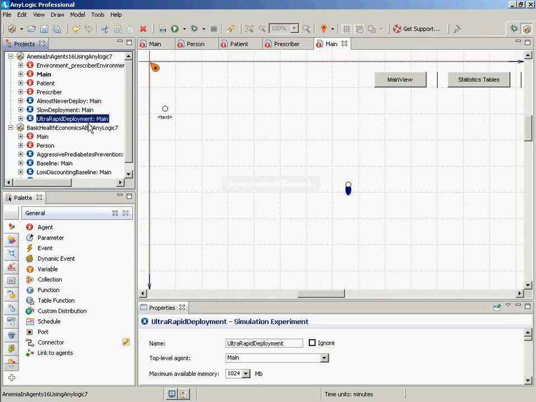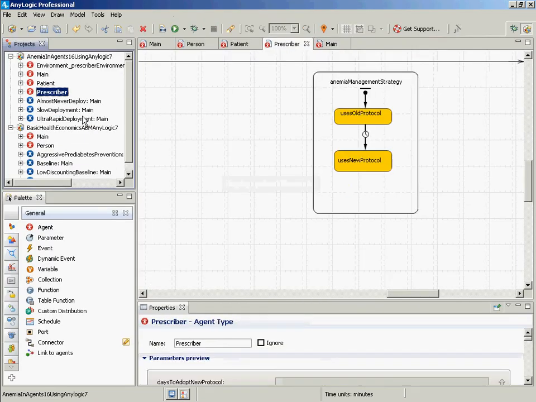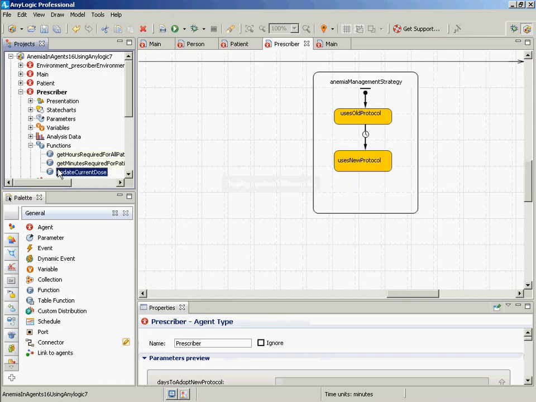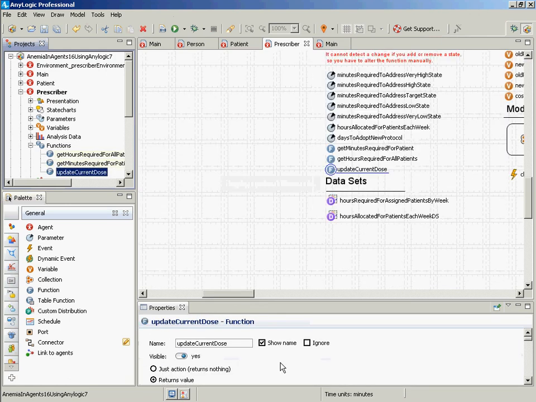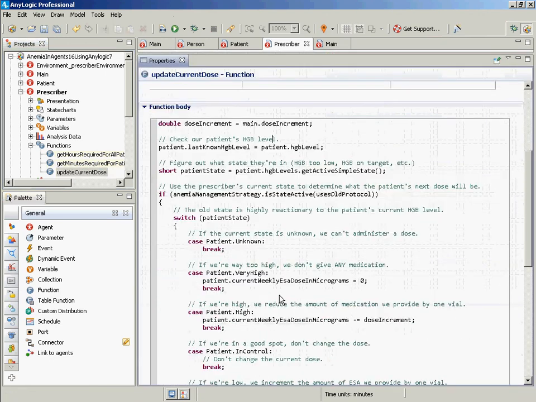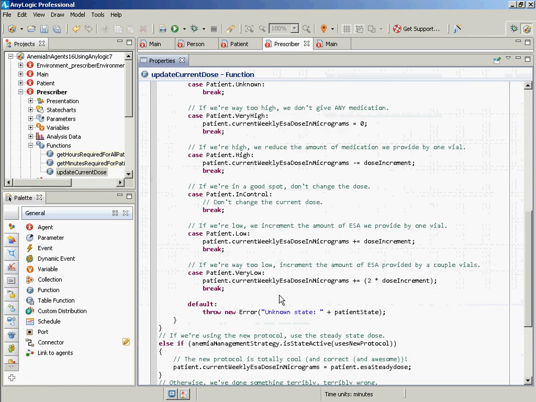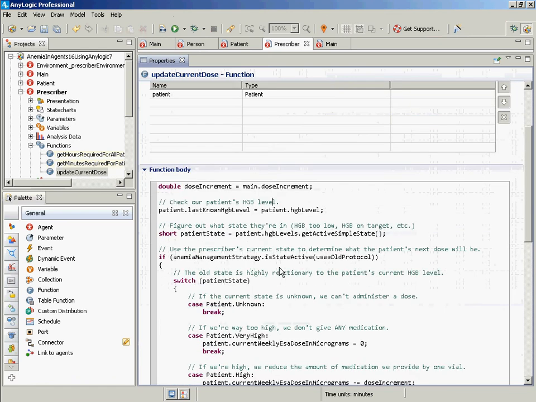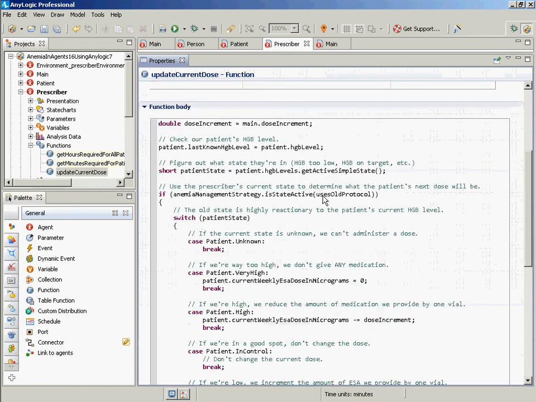So this is representing how a provider makes a decision. You can see here for the prescriber in this update current dose function, if they use the old protocol, this is how they would decide things. If they're using the new protocol, they just use a steady dose. And then looking at the outcomes for the whole organization, for that provider and for that organization.